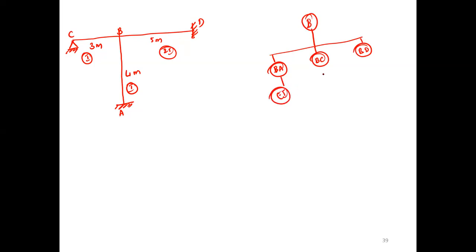BC, 3EI by L, so again EI. For BD, 4EI into 8/5, 1.6. To do the summation, 3.6.